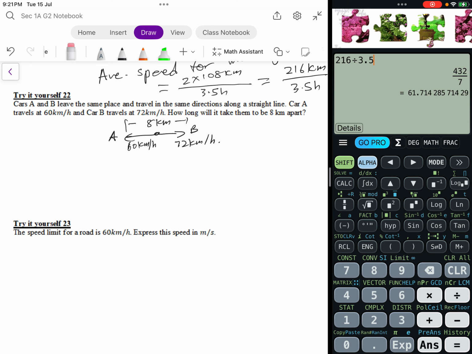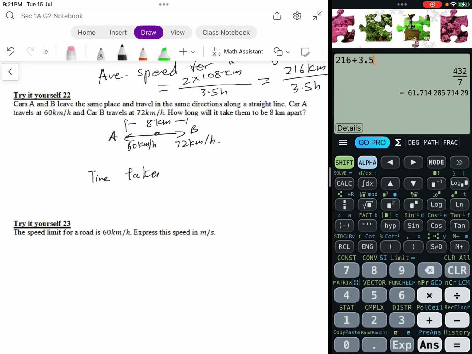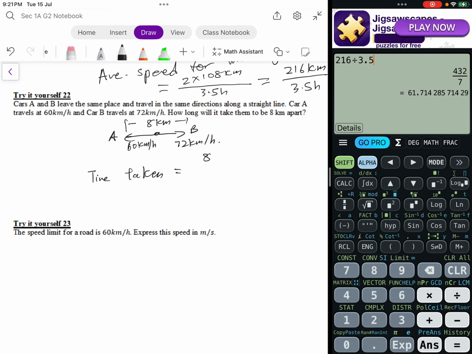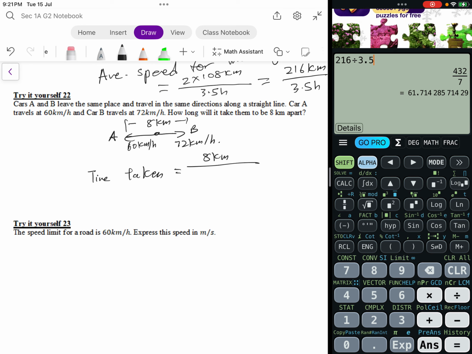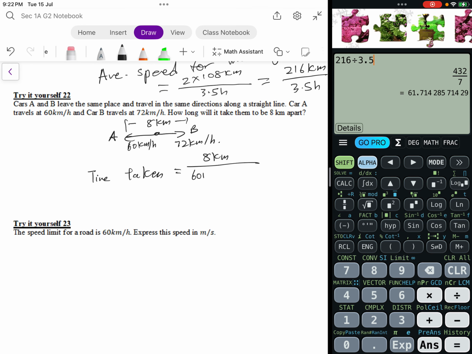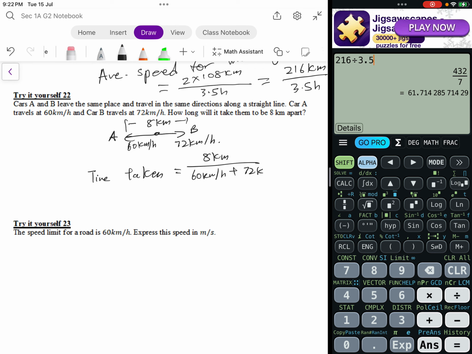So to find out when they are 8 kilometers apart, time taken, I'll take 8 kilometers divided by 60 kilometers per hour plus 72 kilometers per hour.